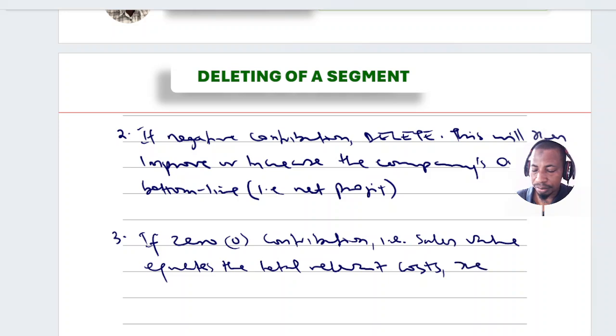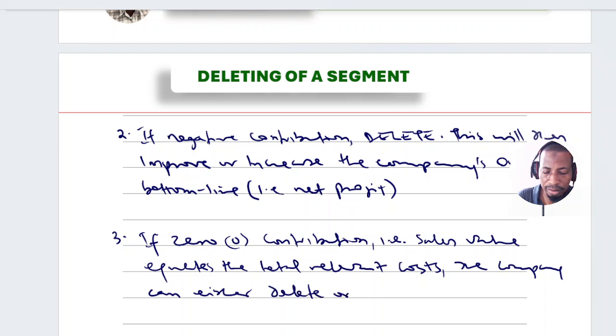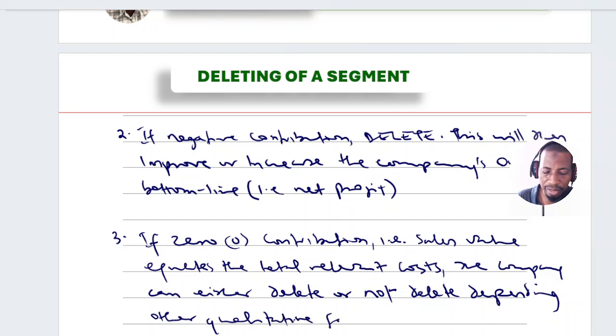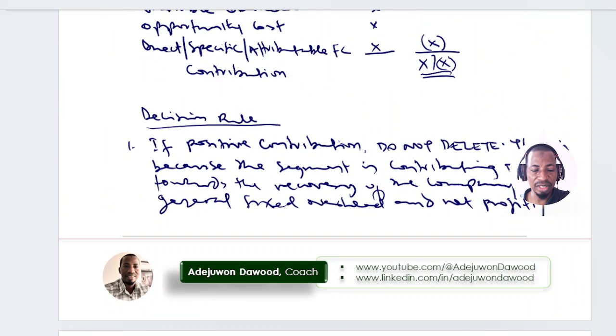The company can either delete or not delete, depending on other qualitative factors. So this is the decision rule as far as deleting of a segment is concerned.